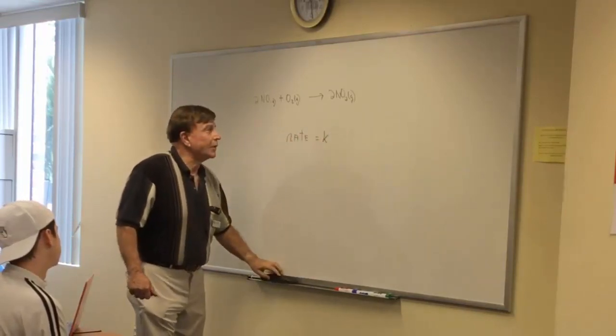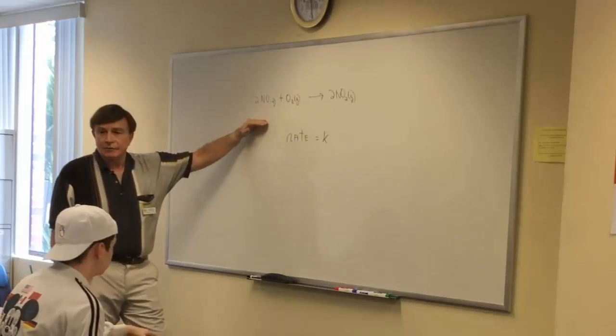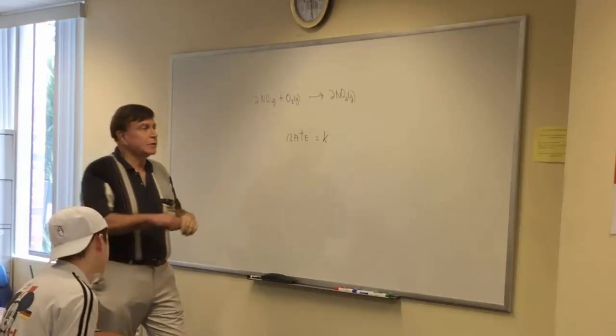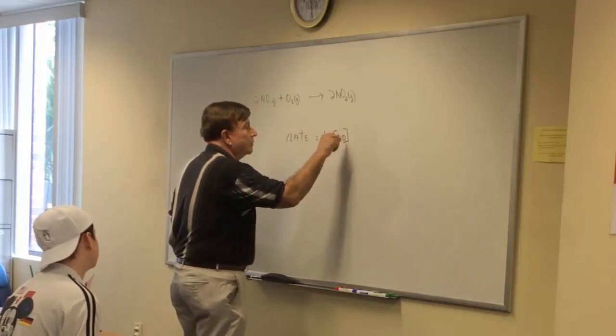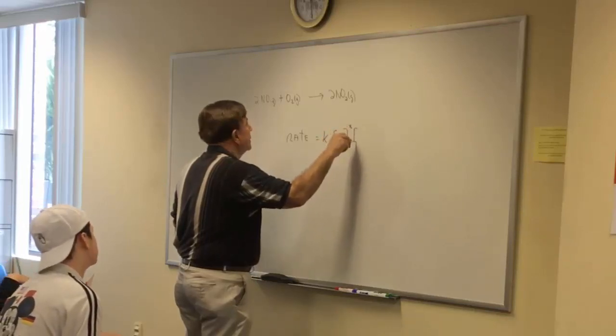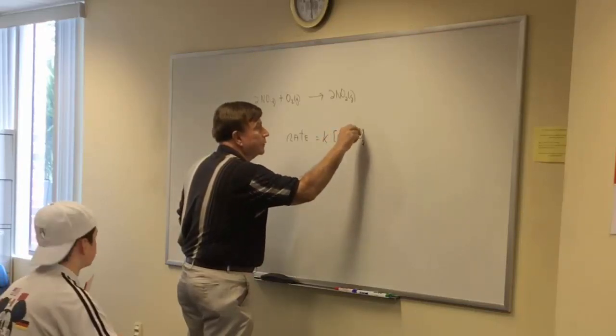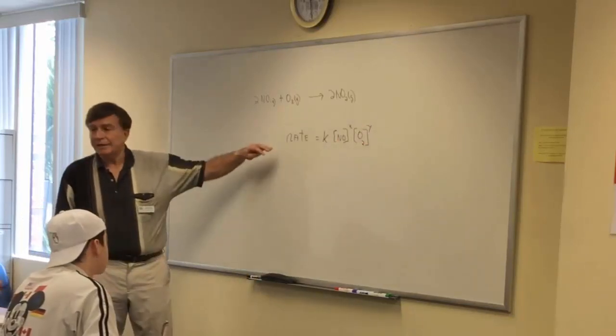So in this problem, let's talk about how this problem looks. Before we do anything, let's write the generic rate law. The generic rate law for this problem is going to be NO raised to, we'll call it the X power, times O2 raised to the Y power. All right, does everybody see why that's generic?